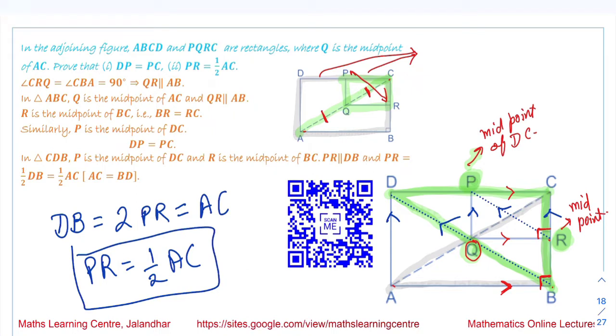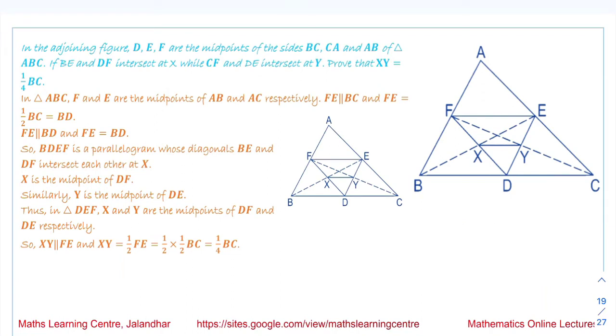In this question, we are given a triangle ABC, and D, E, F are the midpoints of the corresponding sides. This is the triangle ABC and these points are given to us: D, E and F. These are the midpoints of BC, CA and AB.